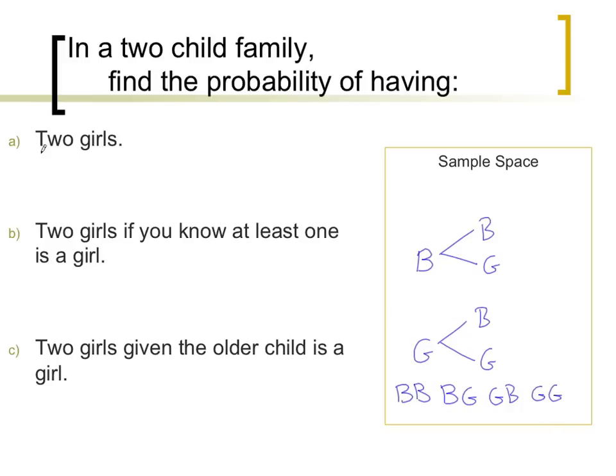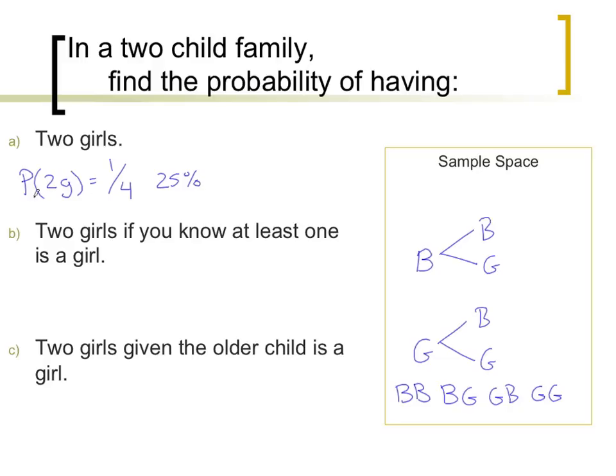So looking at this first one, we're looking for the probability of two girls. That's all we have to go with. Looking out of all these sample points, there is one that has two girls. So we have 1 out of 4, or 25%.